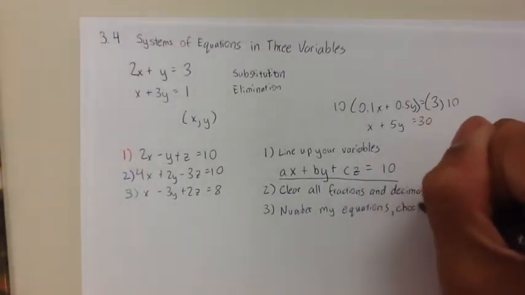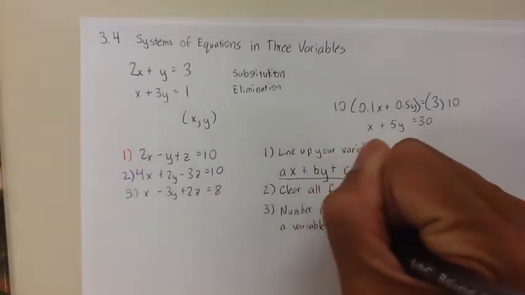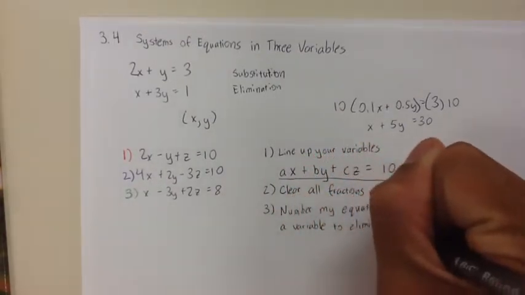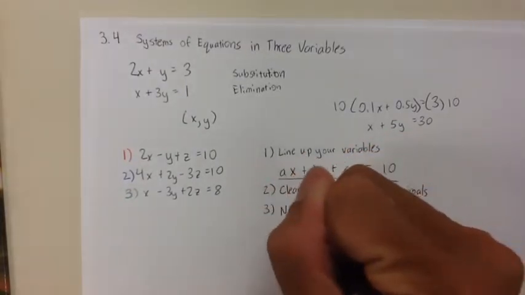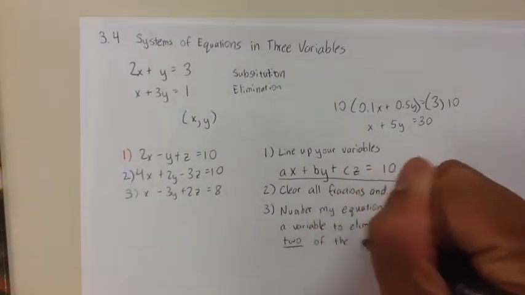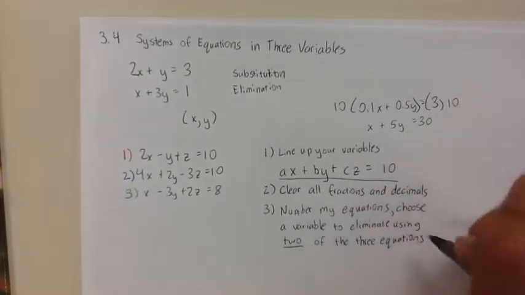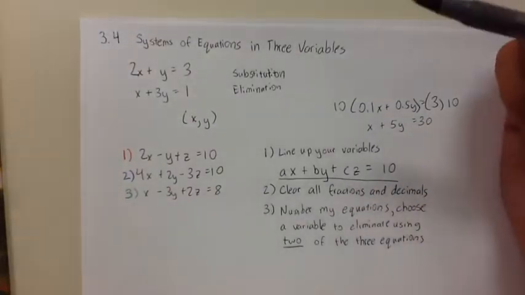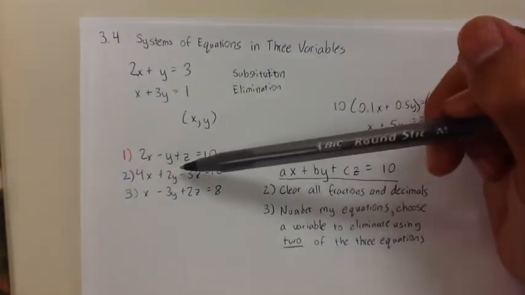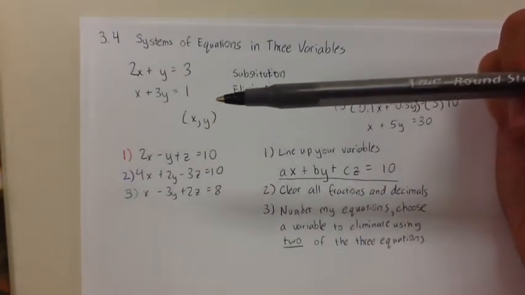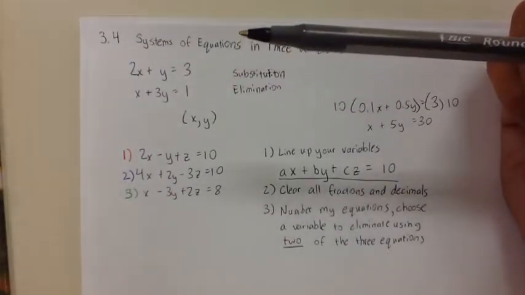So I'm going to choose a variable to eliminate using 2 of the 3 equations. Usually there's one that's a lot easier than the other, but I have an x, a y, and a z here. I have a 2x, a y, a z, a 4x, a 2y, a 3z. In this case, substitution probably isn't the best option. You probably want to use elimination.